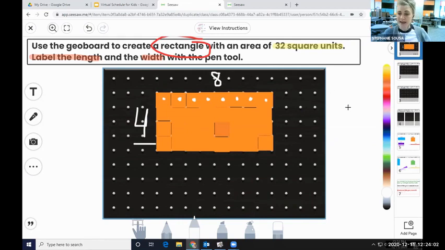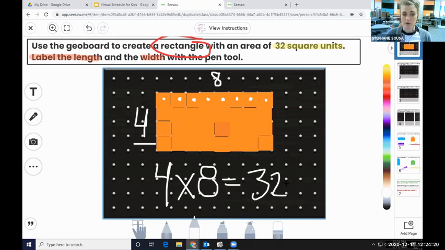So there should be 8. So my length is 8, my width is 4. And this works because we know that 4 times 8 equals 32 square units.